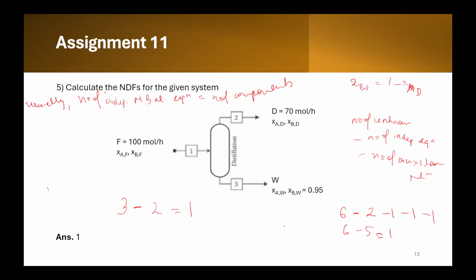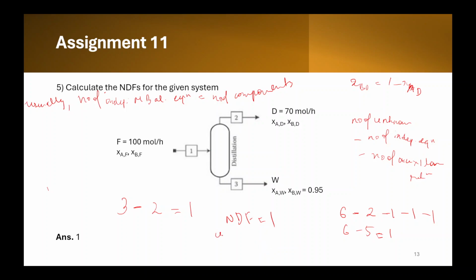So can you tell me if this will have a unique solution, or infinitely many solutions, or you cannot solve it? Because the NDF here is equal to 1. Is this solvable firstly or not solvable?